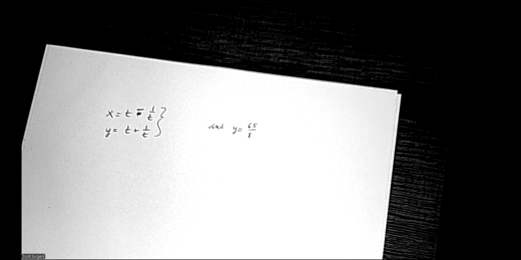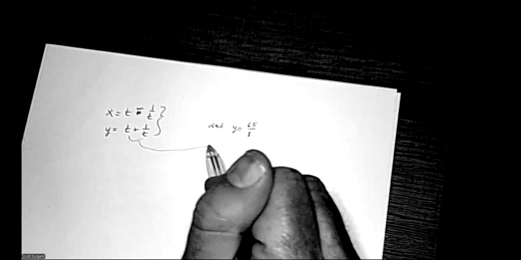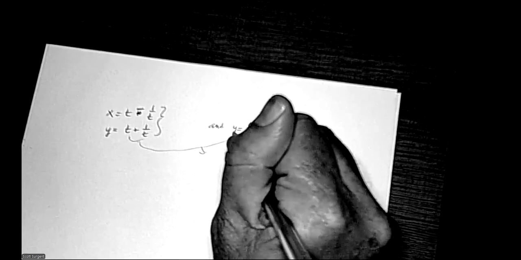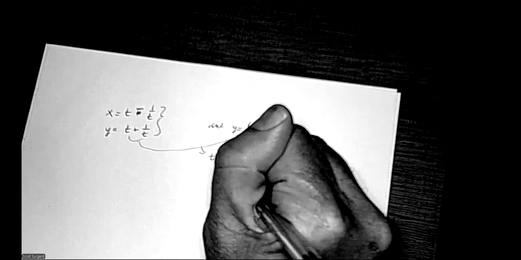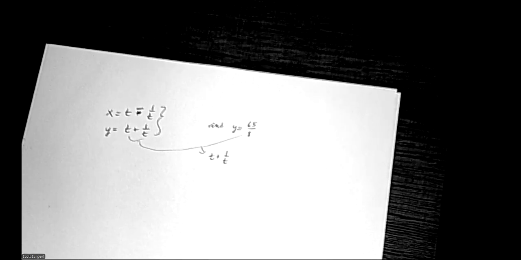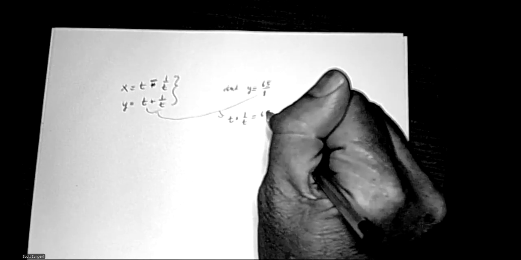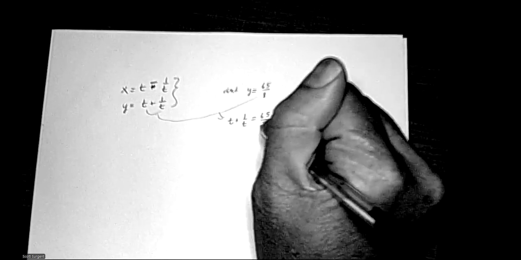First thing I would do is take these two and relate them. Because y is also t plus 1 over t, so I have t plus 1 over t equals 65 over 8. I'm sorry, can you see me okay? Always remind me, because sometimes I start doing a question and forget what I have on the screen.